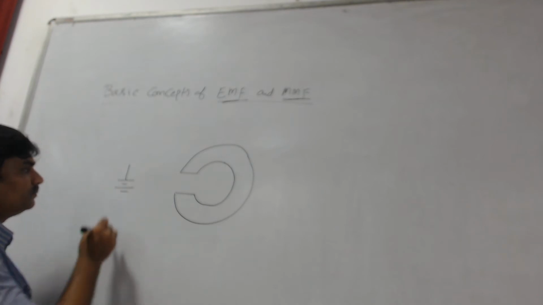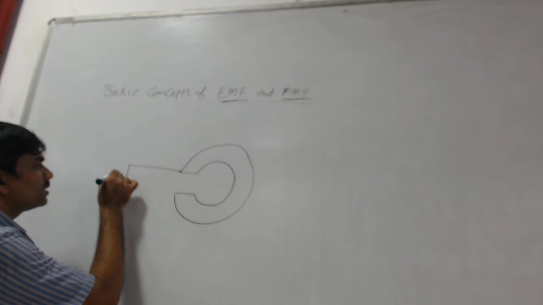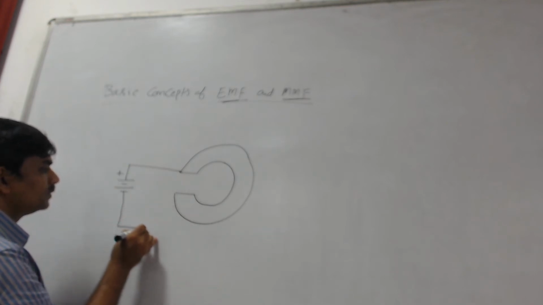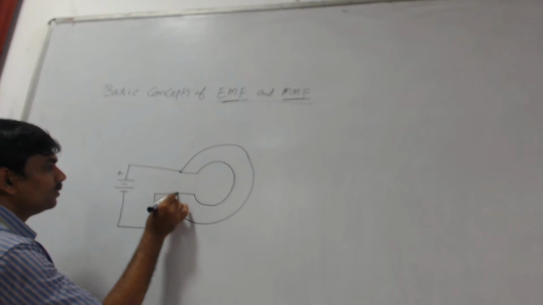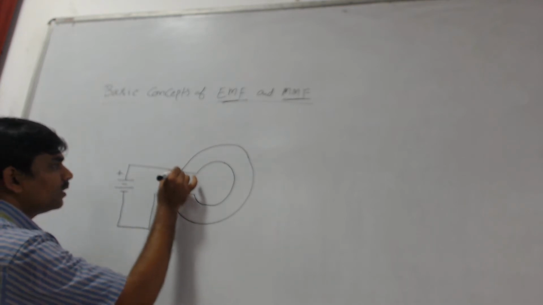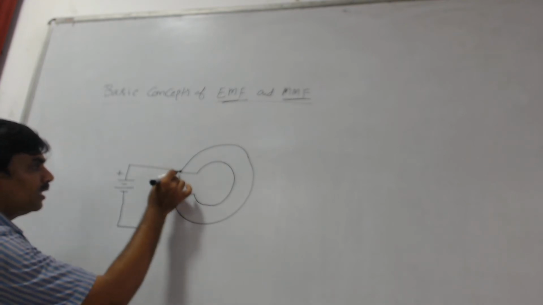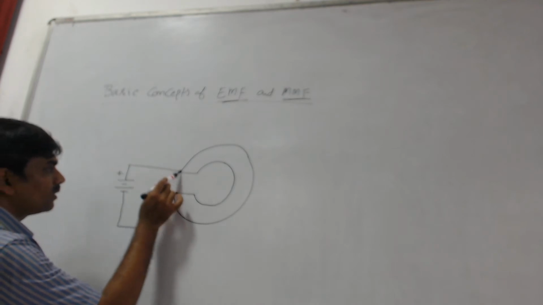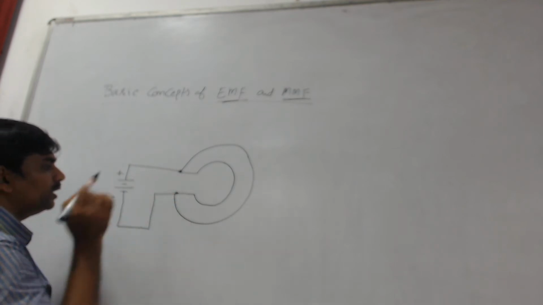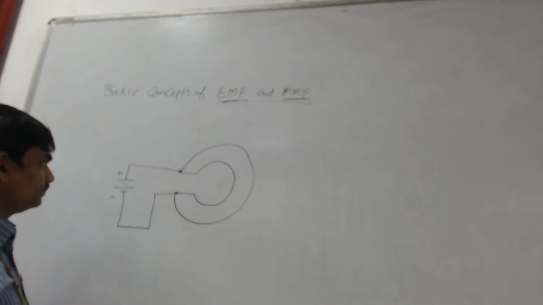This is the battery. The positive terminal is connected to the starting end of the rod, and the battery negative is connected to the finishing end.